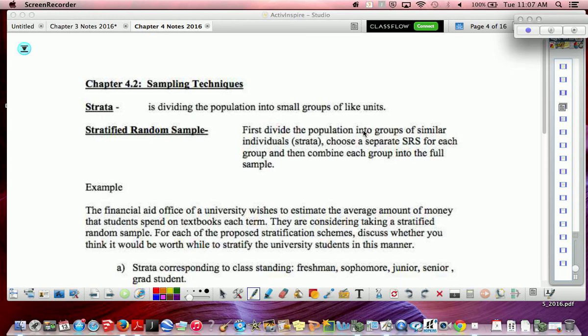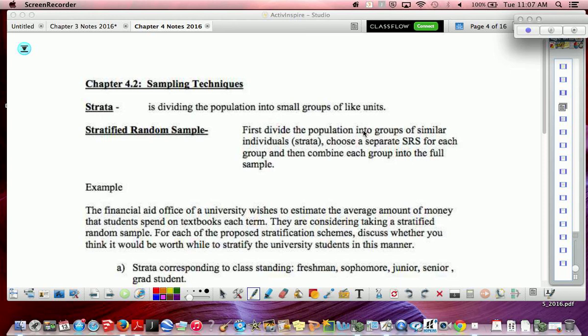So, anyway, when we take a look at a strata, what we want to do is break up our population into similar groups in which we might want to have representation in our sample.